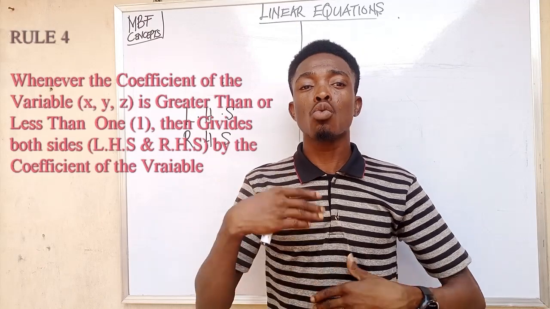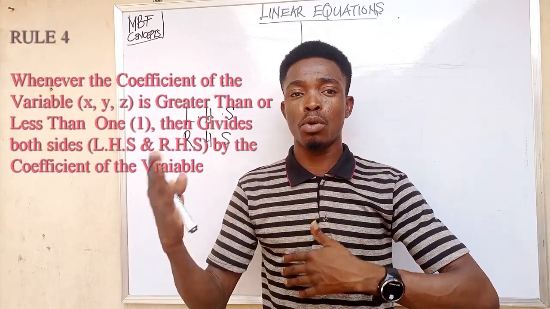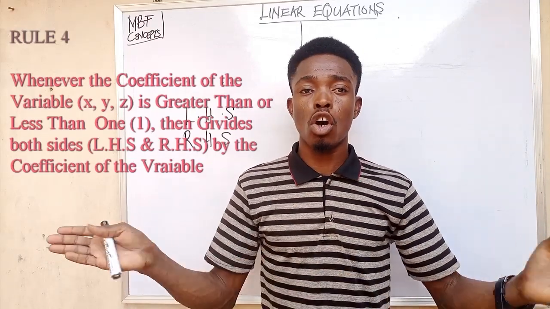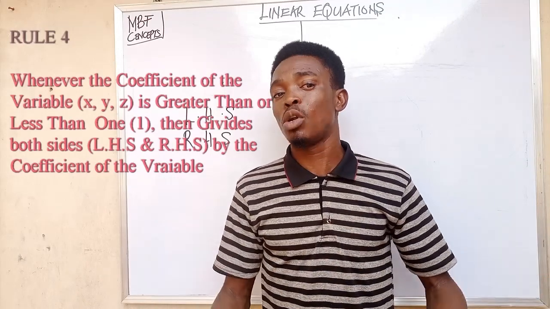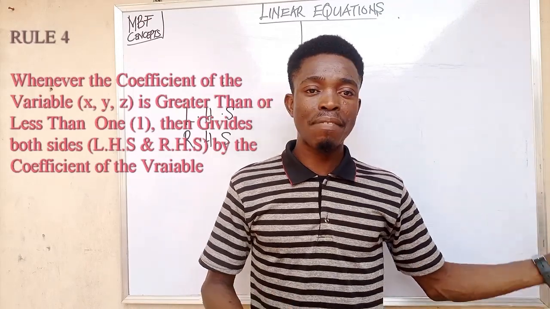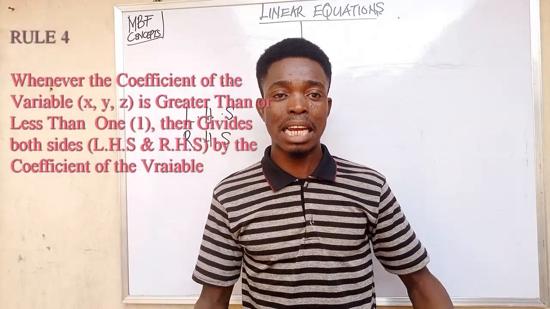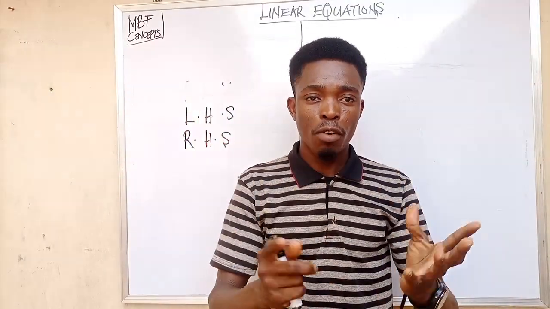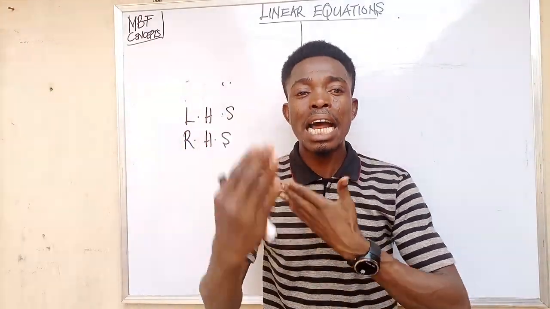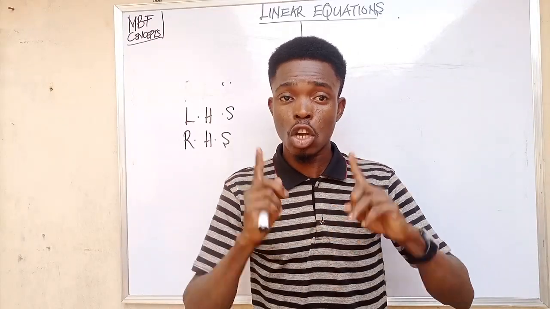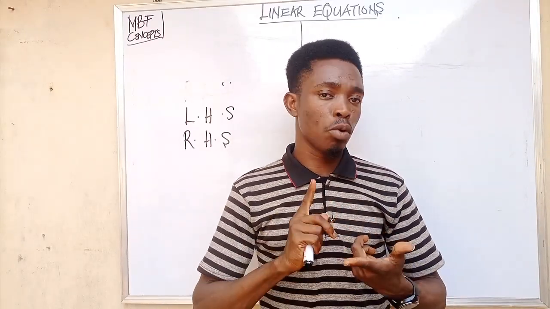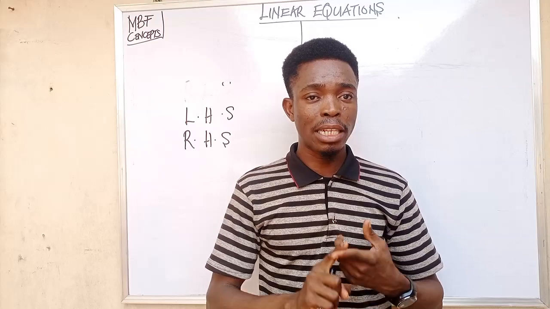This is when you have already collected like terms, you have divided both sides, you have cross multiplied, you have done all you have to do, and at this point you only have one term to the left hand side and one term to the right hand side. And now you have a variable, for instance an alphabet like x, carrying a coefficient other than 1. In such scenario, you must divide both sides by the coefficient of x.